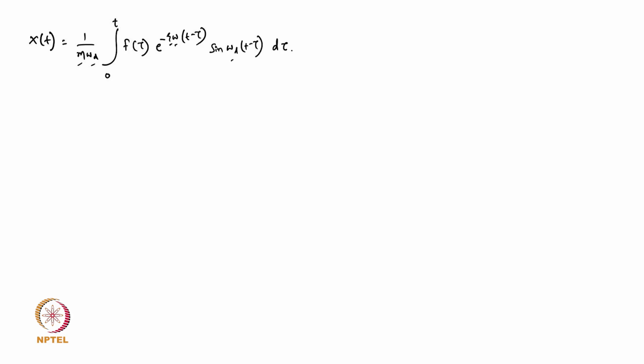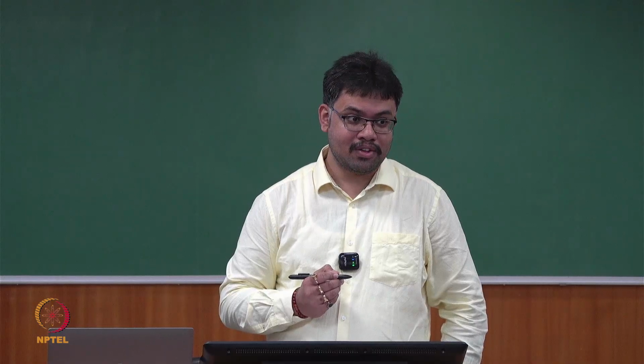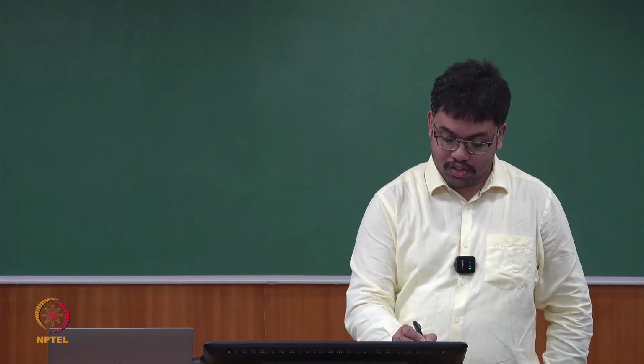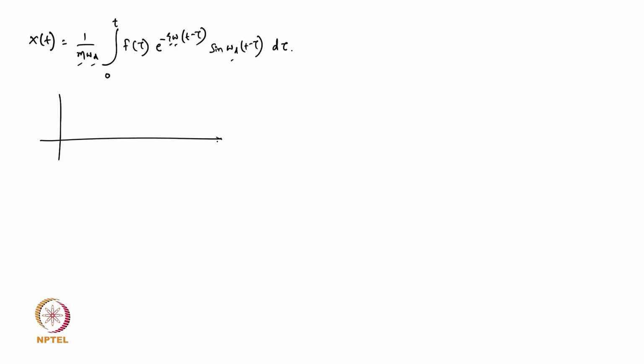What is t and what is tau? Because that is an important point to understand, otherwise it will be very crazy. One of you actually suggested that t is the range of the tau. That is not wrong. Suppose that is my time axis, so t is the overall time axis and tau is where we are doing the integration.